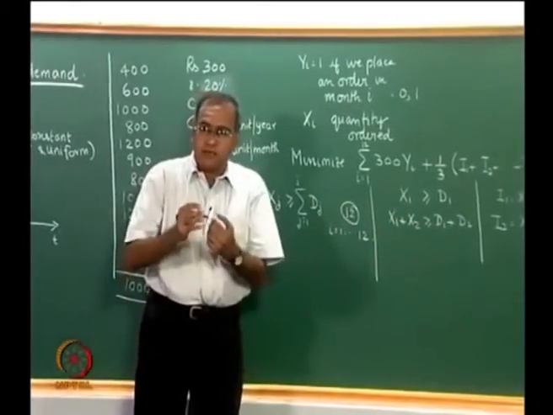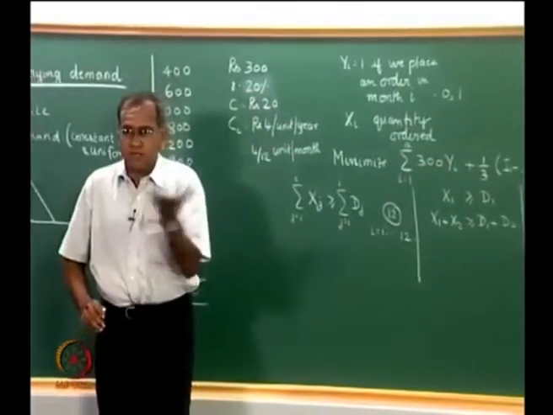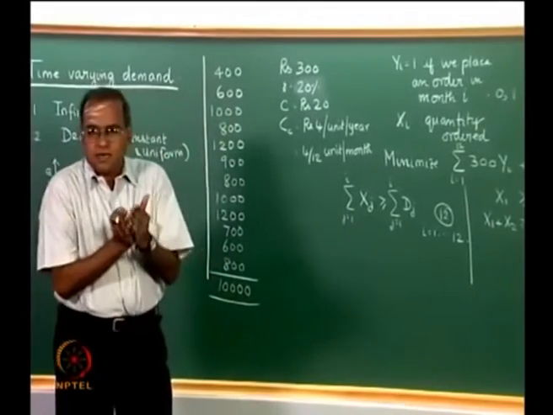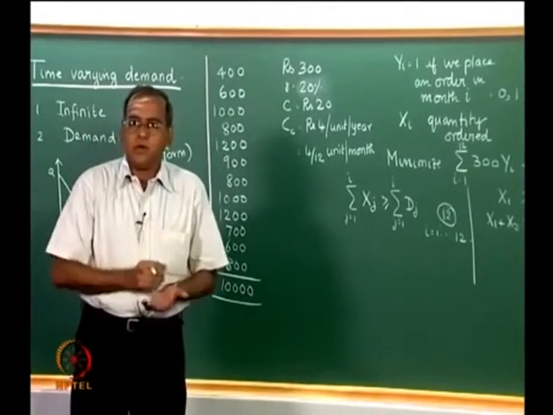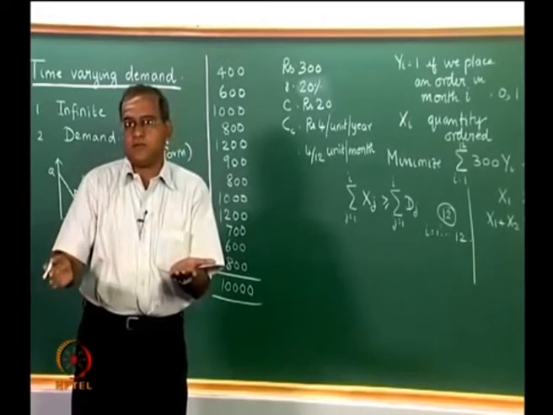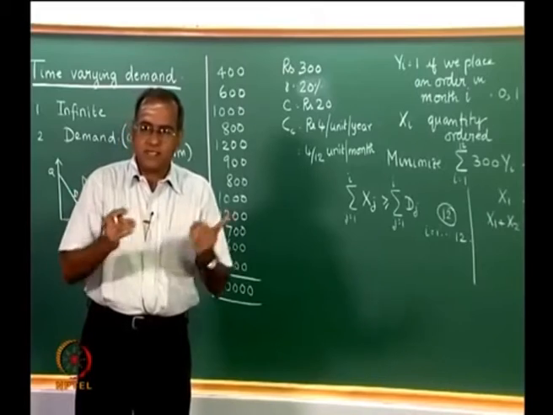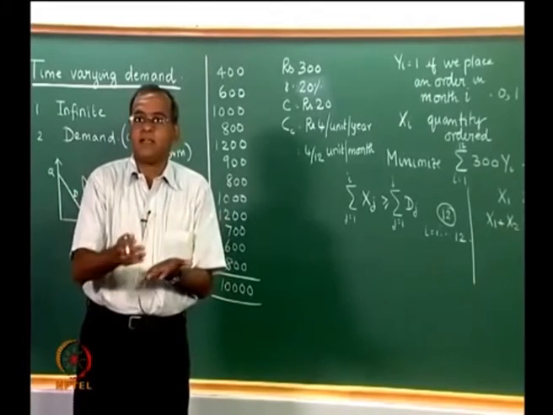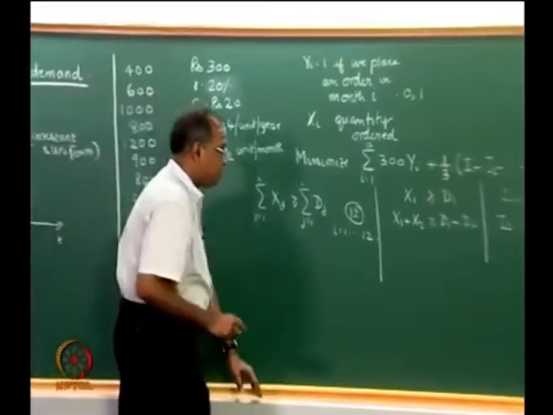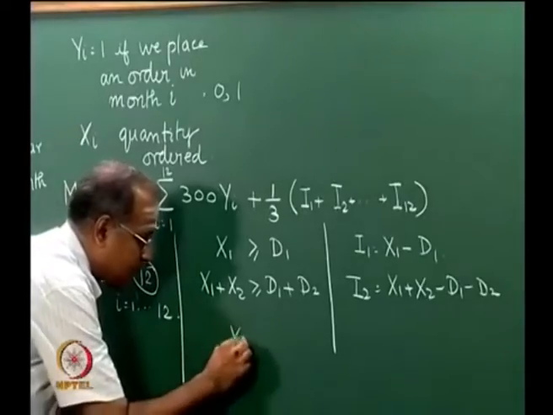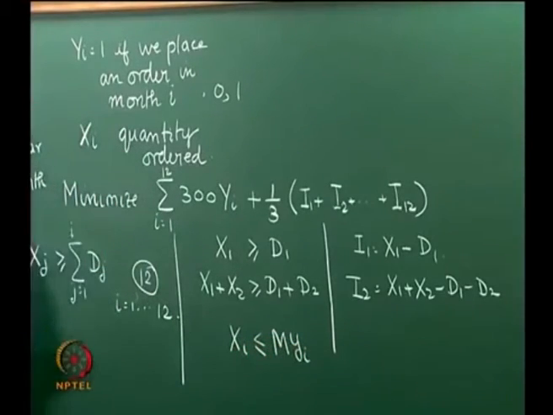Then we also need to link the x with the y. x is the quantity that is ordered, and we can order xi in the ith month only if we choose to order, which means the corresponding yi has to be 1 if xi is greater than 0. So, we need to relate the x and y, which is done by the usual constraint, which is xi is less than or equal to big M into yi.